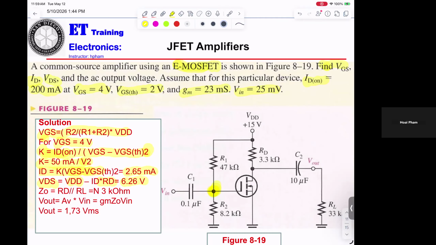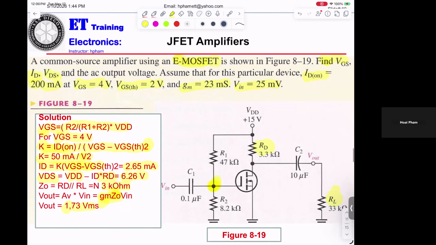And Rout will be equal to the parallel of RD and RL. That gives you the gain. Vout equals AV times Vin, where AV is GM times Rout, times Vin. That gives you 1.73 volt.